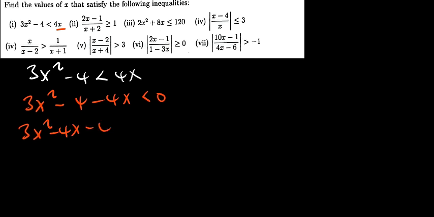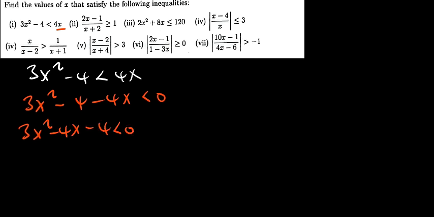So I can clearly see that in this case, I'm going to say 3x squared minus 4, then again minus 4x is less than 0. Rewriting this is the same as 3x squared minus 4x minus 4 less than 0.